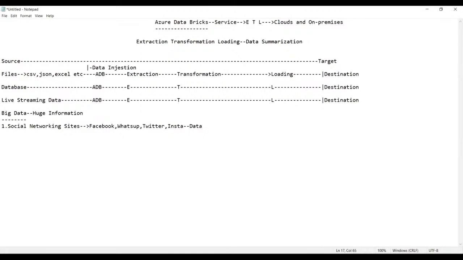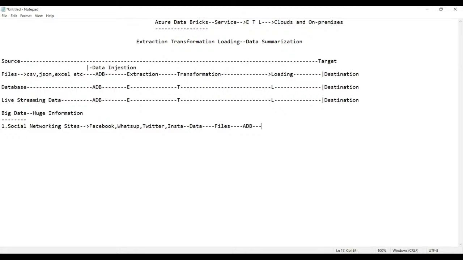Basically, this is a business, and from the business we get the data. We put the data in the form of files or whatever type you have, and these files we get into ADB, Azure Databricks.